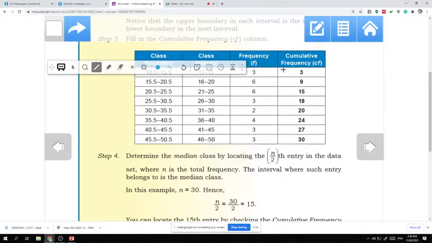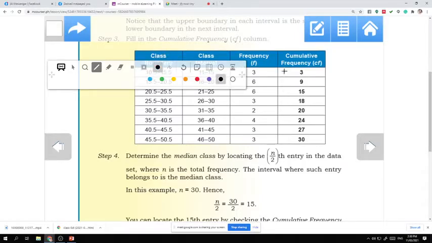Okay, there you go. Let's change the color first. This means 1 to 3. This means, what's the number next to 3? 4 to 9. Number next to 9? 10 to 15. You have 16 to 18. Then you have 19 to 20.